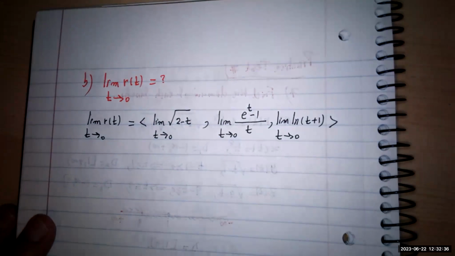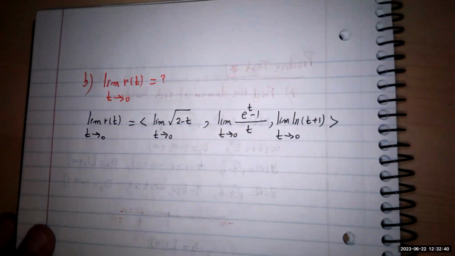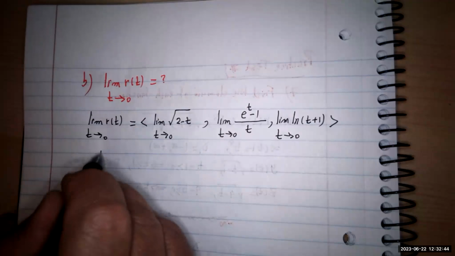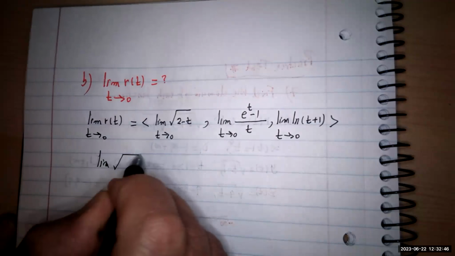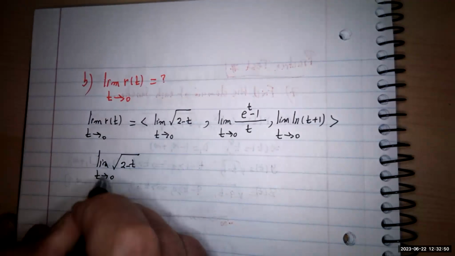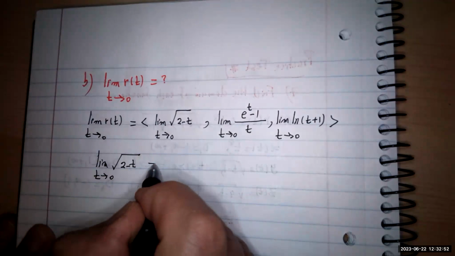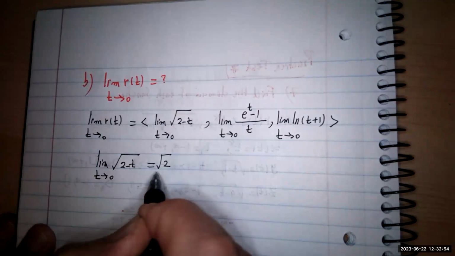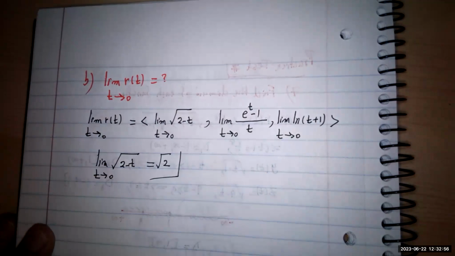You know that the limit of a vector valued function is the limit of the components. So take each one by one. The limit of the radical 2 minus t, t goes to 0. Direct substitution gives you radical 2. So this is the first one.